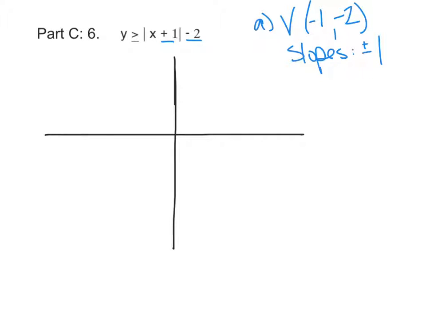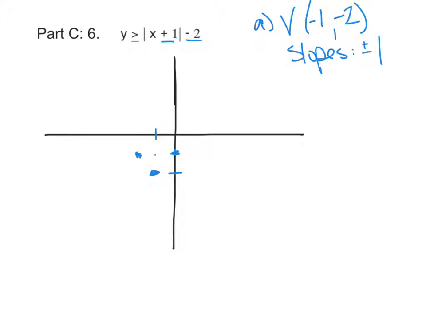So our vertex is at negative 1, negative 2. Since that 1 that's out in front is positive, we're going to go up 1, over 1. It's going to open up 1 and back 1. So we make sure our V opens up.